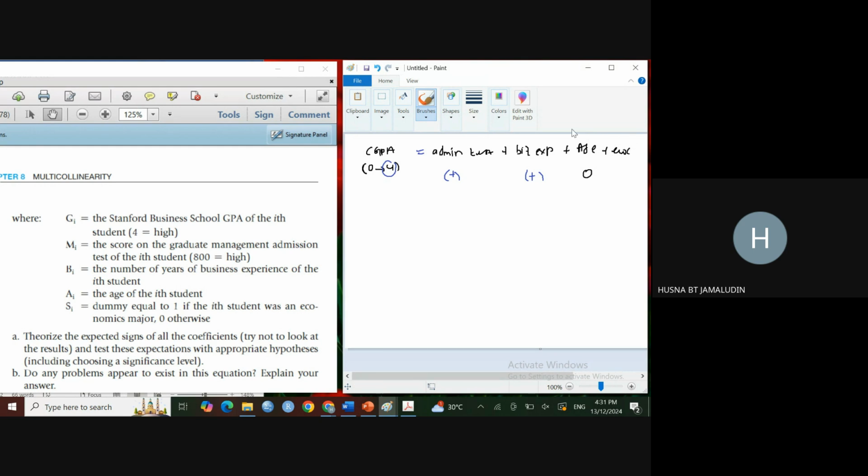Economic major. What is the sign? If you are an economic major, do you think that your CGPA in your business school doesn't matter? Yes, madam. Not really. Why?